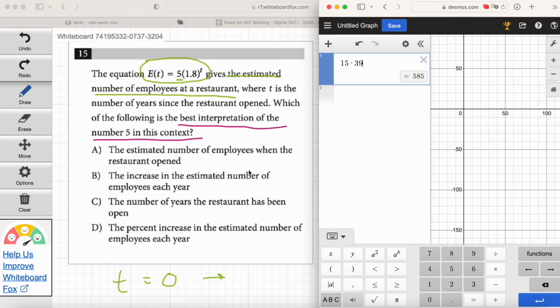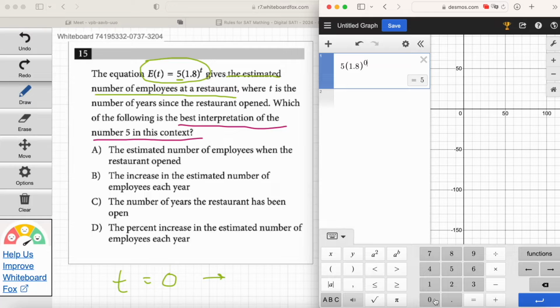Let's plug it into Desmos. It's going to be 5 times 1.8 to the power of what, Ruby? 0. To the power of 0, because t is 0. And what does that give us? 5. It gives us 5.